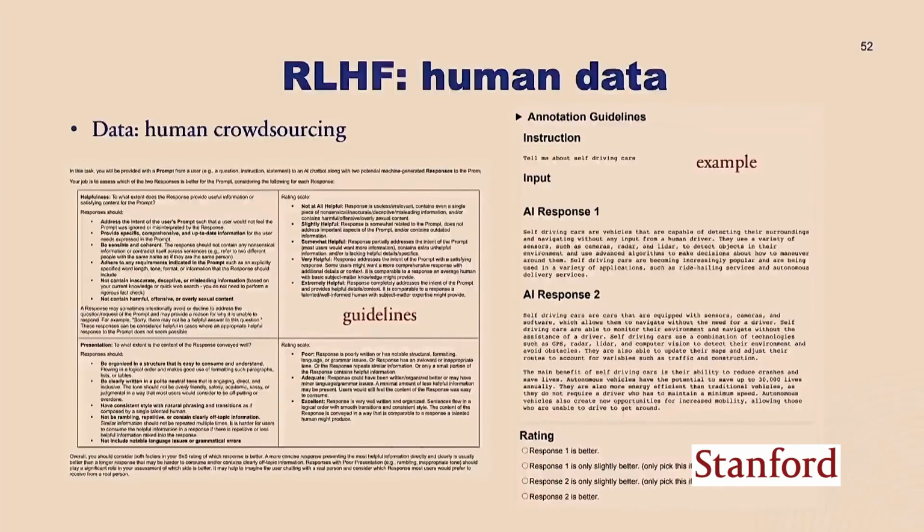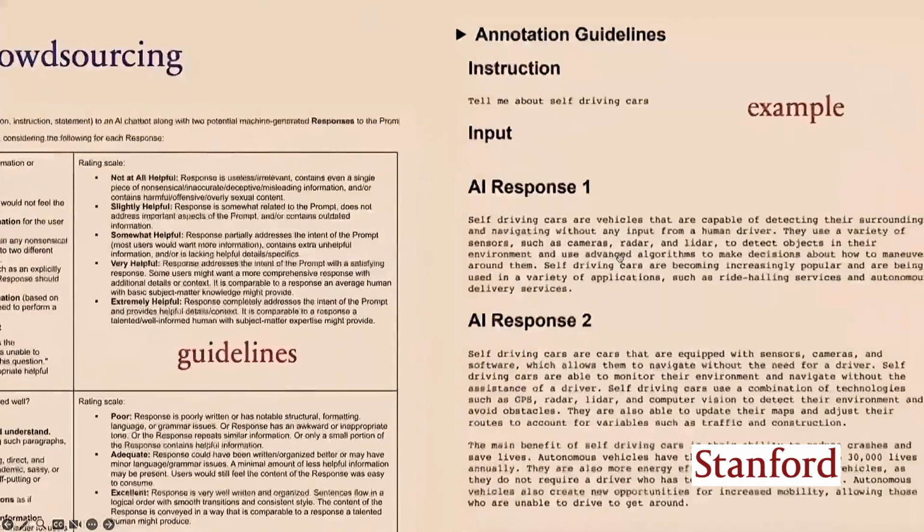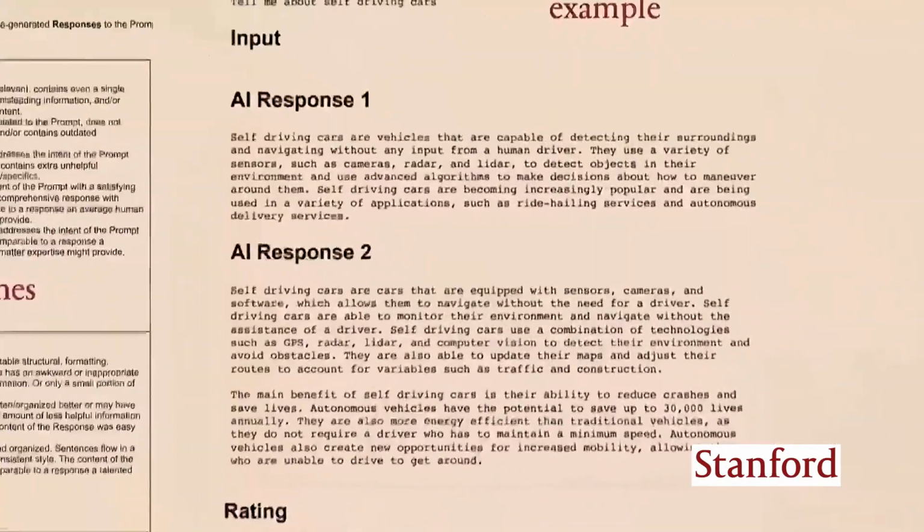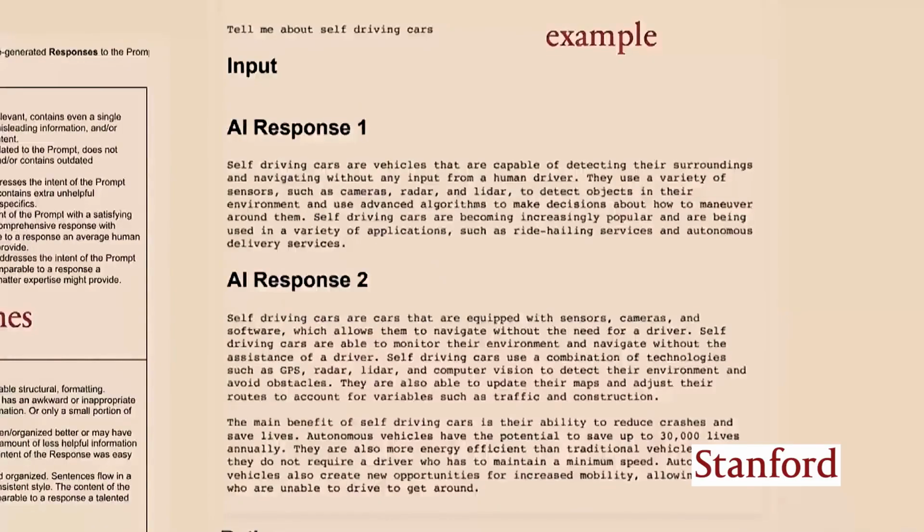Data: the way that you collect that type of data, the first idea is just to use humans, as we already talked about. The guidelines for what humans should be labeling are very complicated, and it's really not that easy. If you ever do some of the labeling, you will see that it's extremely complicated. If I zoom into this, here I have a question: tell me about self-driving cars.